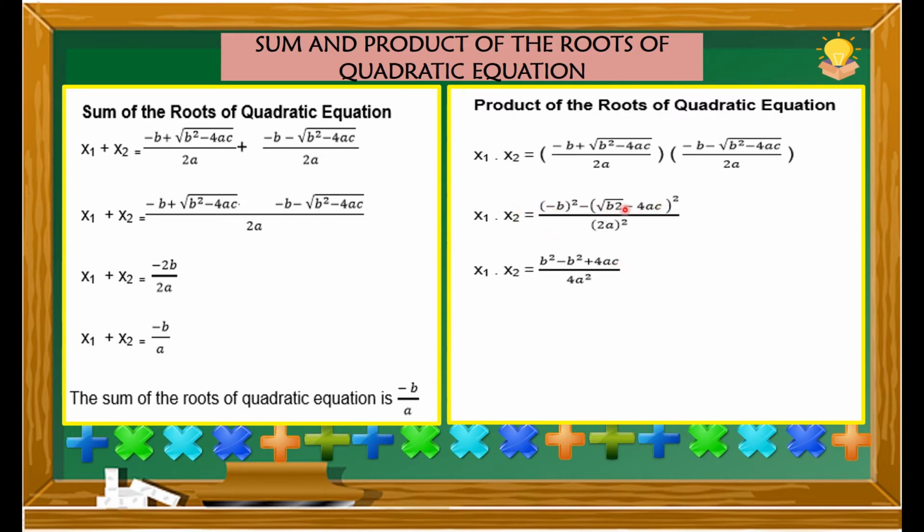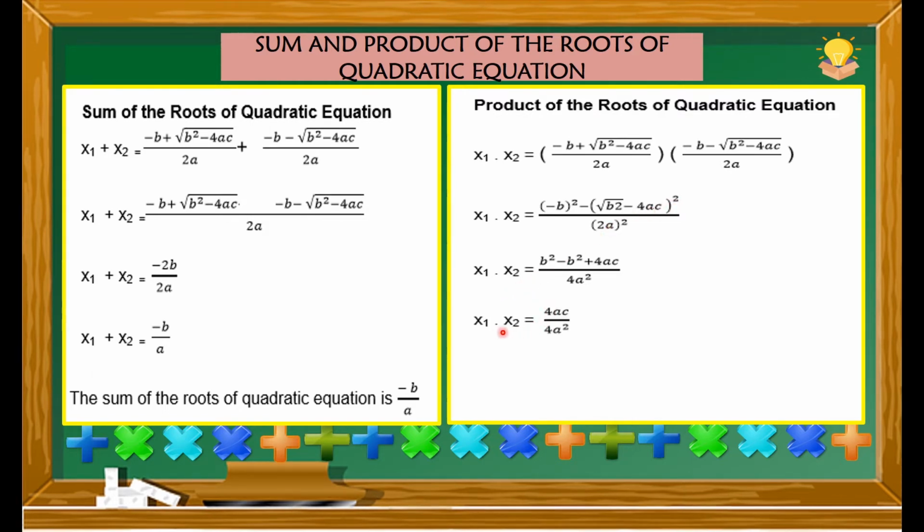You can have your scratch paper with you and then just get the value for this the long way. Okay, now let's proceed. X sub 1 times x sub 2 will become now b squared minus b squared. You can cancel. Once you cancel that, the remaining in your numerator is just 4ac all over 4a squared.